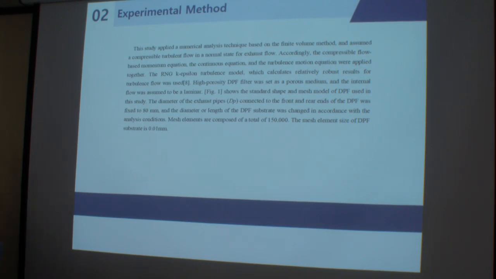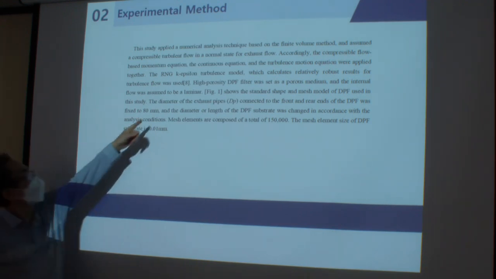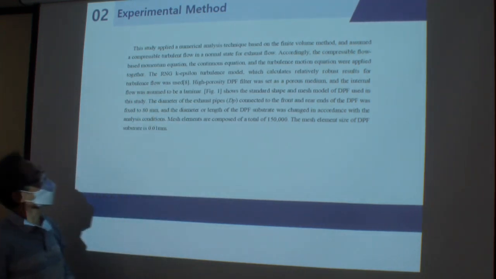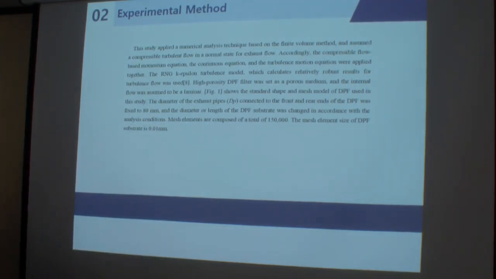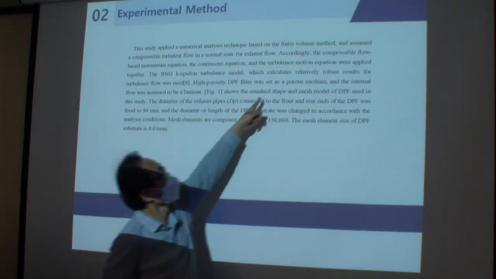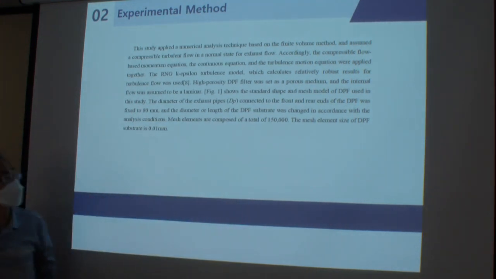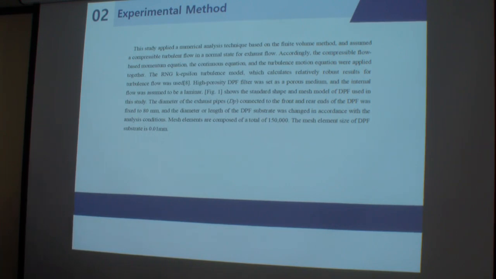Accordingly, the compressible flow based on the momentum equation, the continuity equation, and the turbulence motion equation were applied together. To solve the equations, the RNG k-epsilon turbulence model was applied, which calculates relatively robust results for turbulent flow.